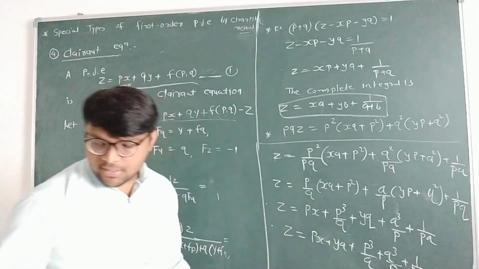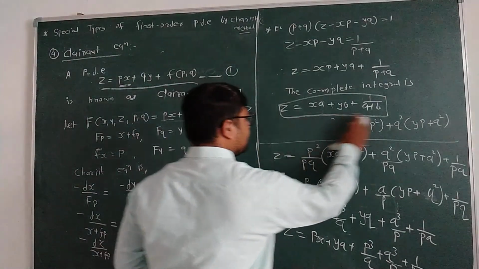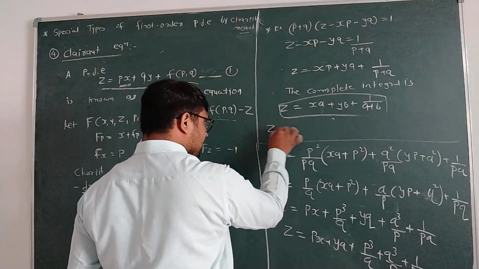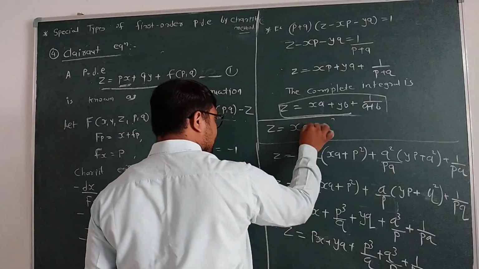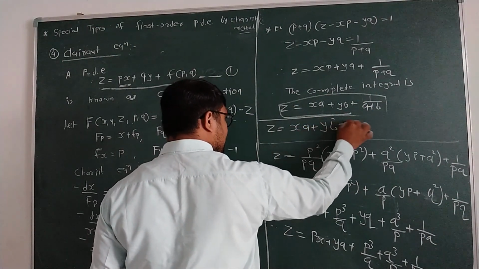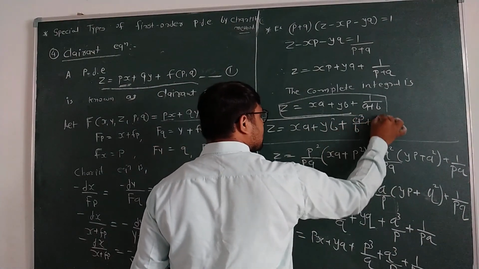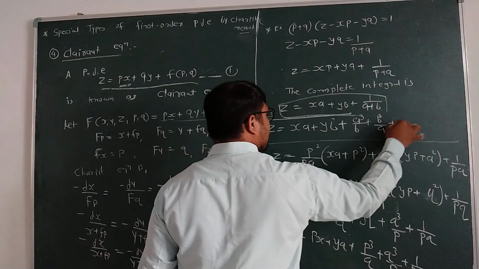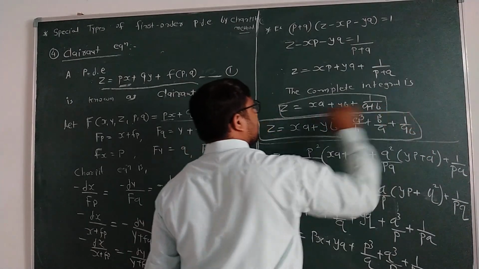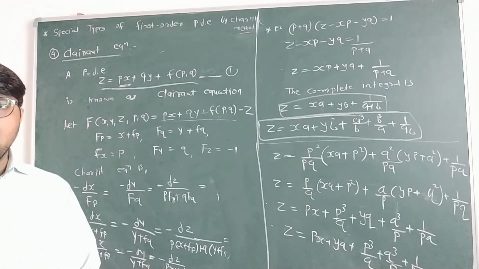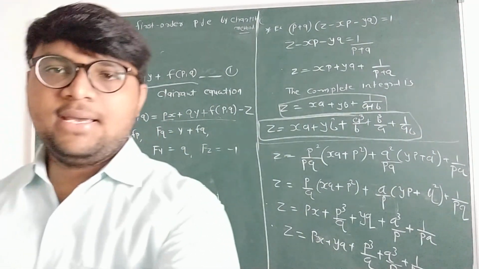Therefore this complete integral is z equal to xa plus yb plus a cubed by b plus b cubed by a plus 1 over ab. So which is our required complete integral of the first order P.D.E. that is given.